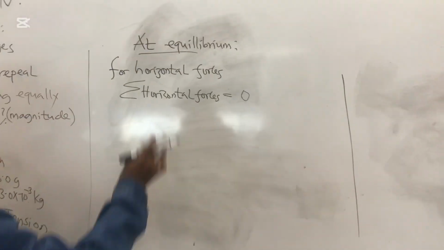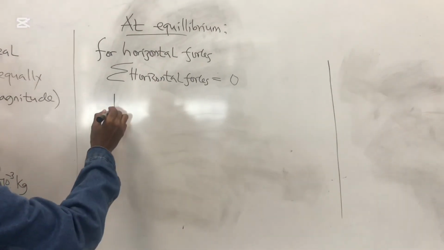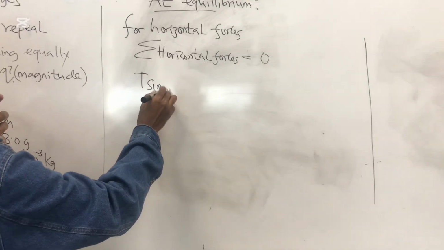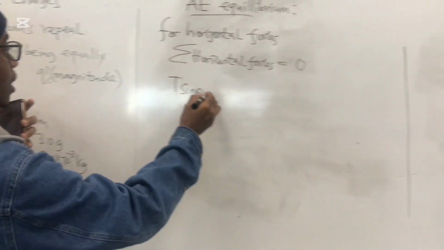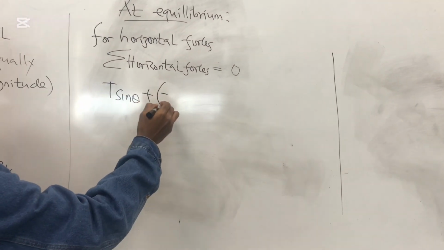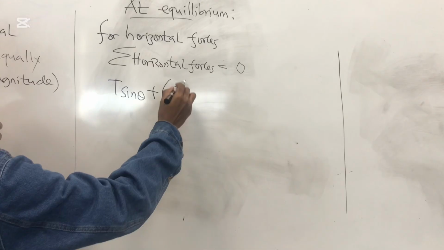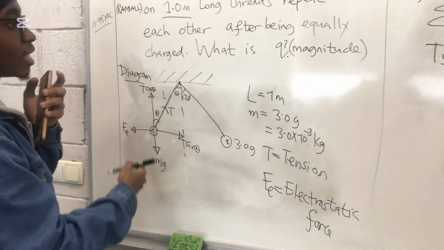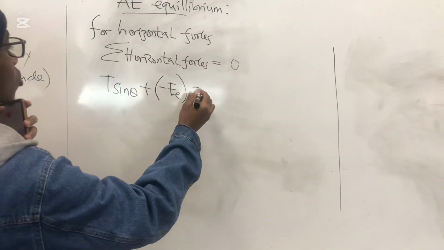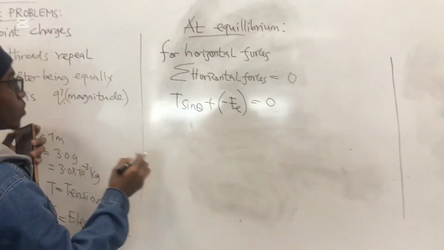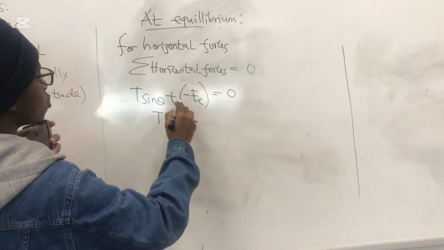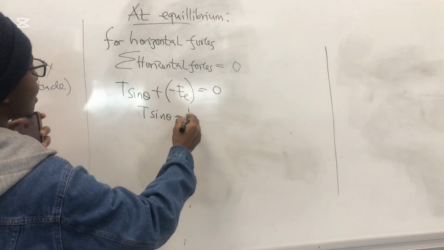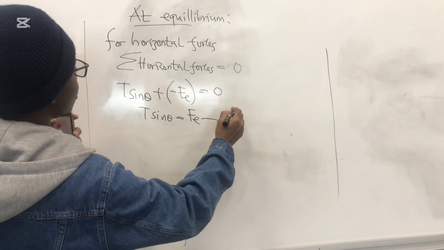For horizontal forces, their sum will be equal to 0 because the charge is at equilibrium. So T sine theta is positive because it acts in the positive x direction, plus electrostatic force, which is minus Fe because it acts in the negative x direction. Their sum will be equal to 0. From here we can say that T sine of angle theta is equal to Fe. We can call this equation 1.